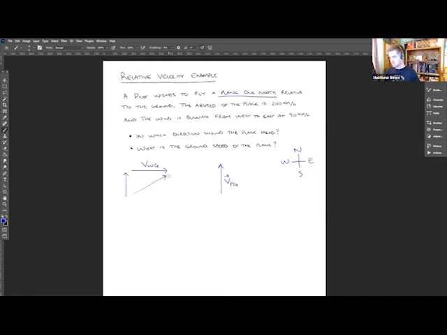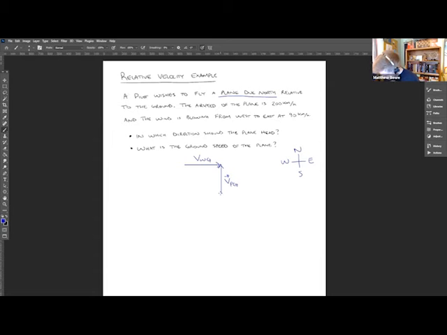So it has to compensate for the wind. It has to steer into the wind. And that's why I'm going to position this vector right here like that.